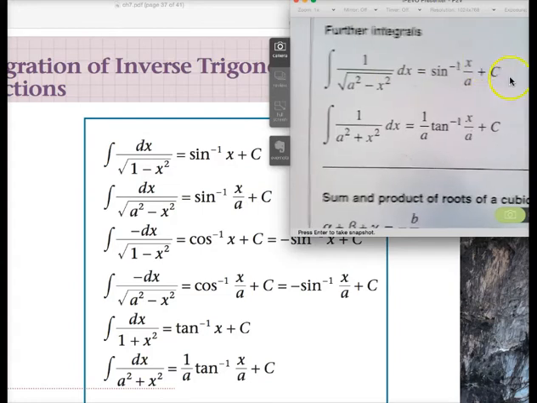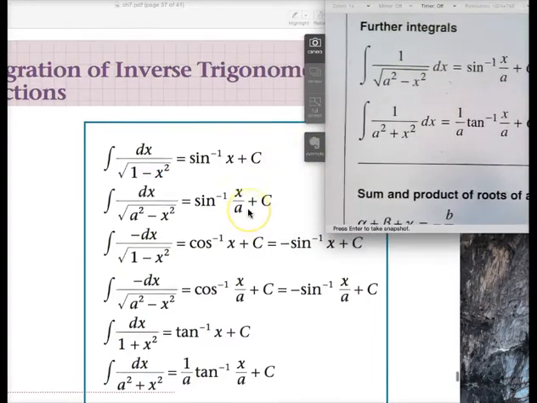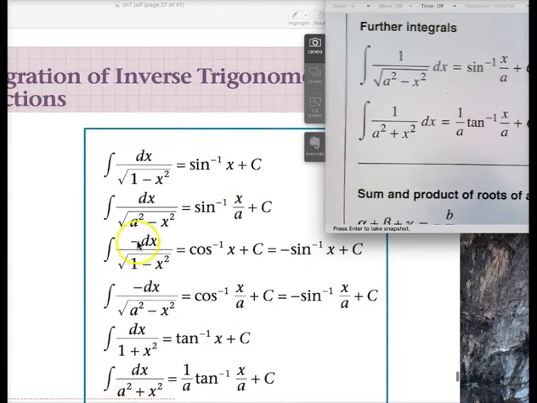Now, we know that we don't have the integral for the inverse cos, but the inverse cos one, remember, was the negative of the sine one. So if we look at the third rule here in your textbook, the integral of negative 1 over the square root of 1 minus x squared is the same as negative sine, which ends up being inverse cos.